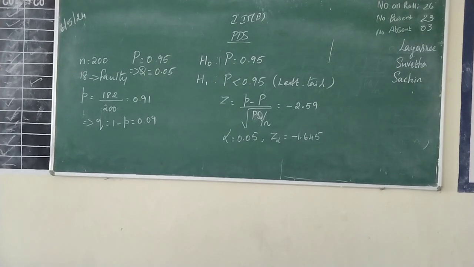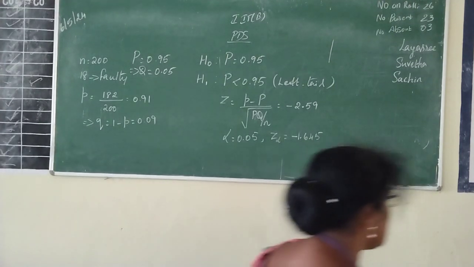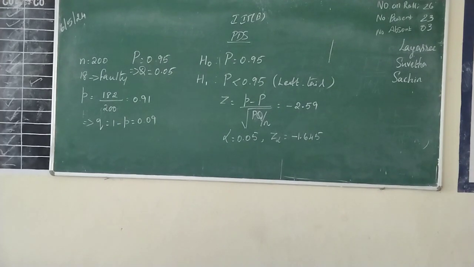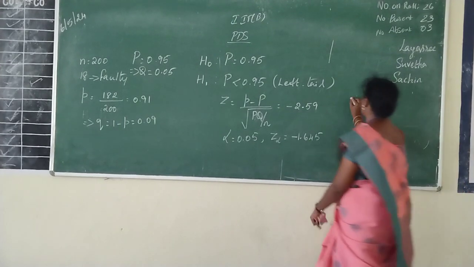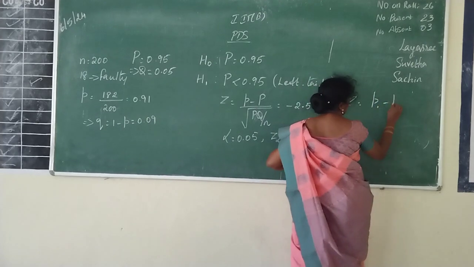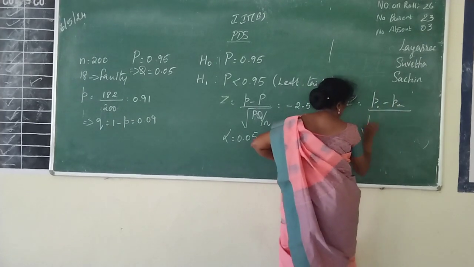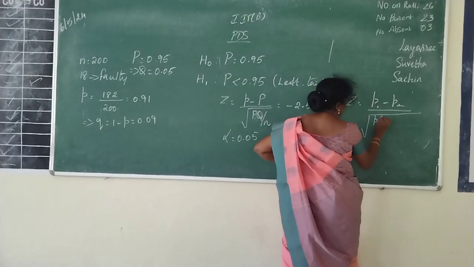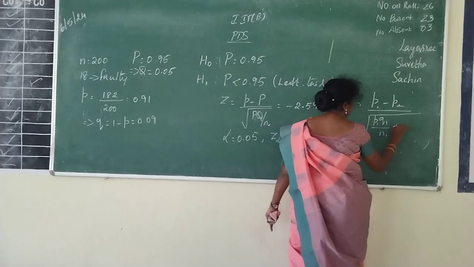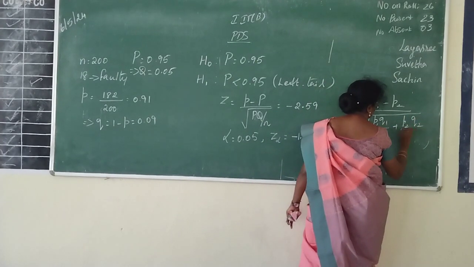The test statistic is Z equal to P1 minus P2 divided by square root of P1 Q1 by N1 plus P2 Q2 by N2.